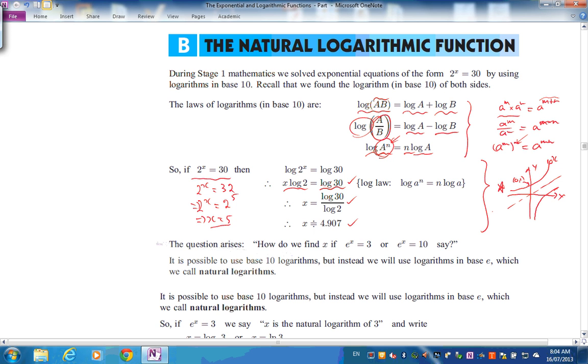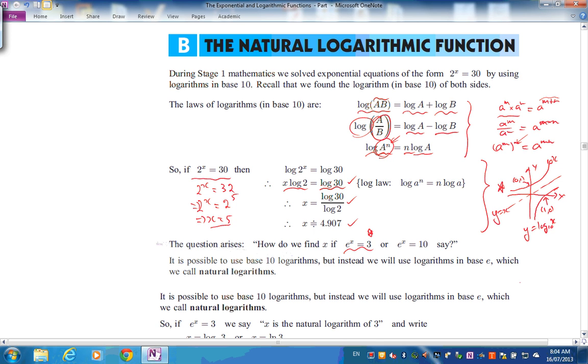It's reflection in the line y equals x, and it goes through the point 1, 0. This is y equals log to the base 10 of x. So what we're saying here, the question is going to arise, if you've got e to the x down here, then could you find log to the base e and make it easier to solve this problem?